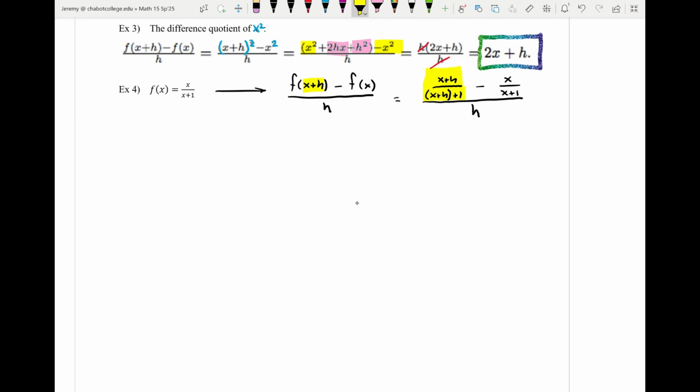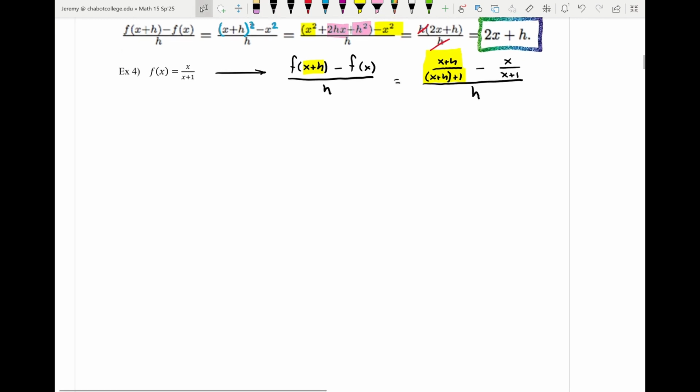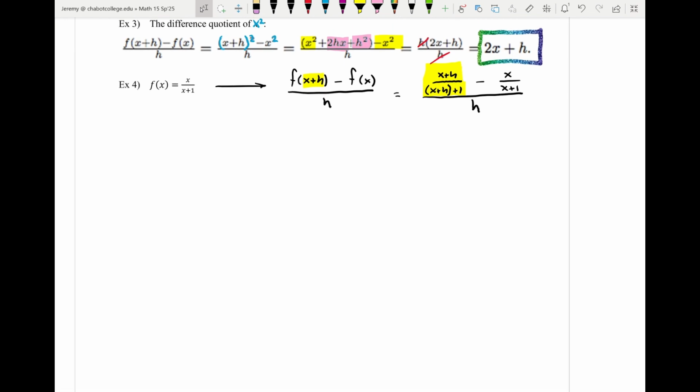It's just the function itself over here and then h in the denominator. So we always want to try to simplify this. And best case scenario is we get this cancellation with the h. Okay, we'll see in just a little while why it's important that we get that cancellation. But let's just try and simplify this.